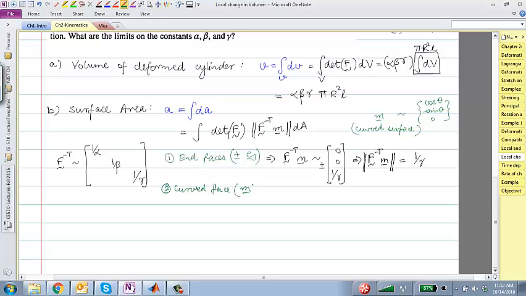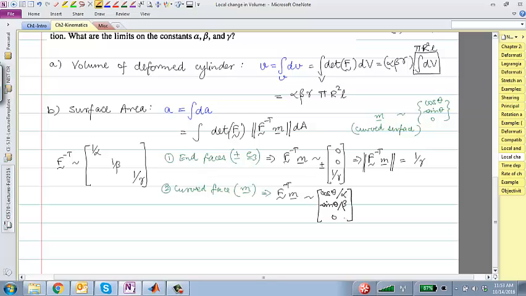with M that we listed out there implies F inverse transpose M can be represented with, this is cosine theta, sine theta, 0. So when this F inverse transpose acts on that normal, we get the first column multiplied by cosine theta plus the second column multiplied by sine theta, and the third column would contribute 0. So what we get is cosine theta divided by alpha, sine theta divided by beta, 0.